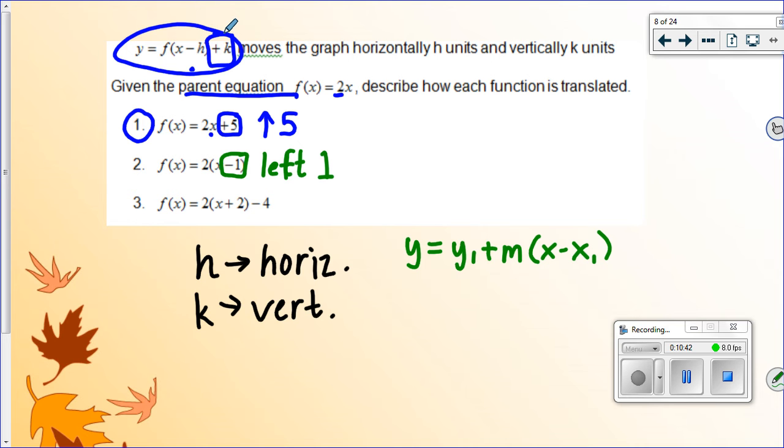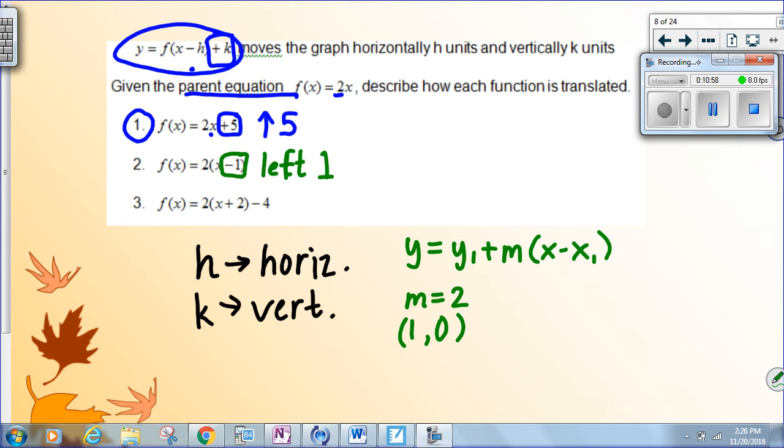So I'm going to write an equation of a parallel line, slope is 2, and I want it to go through the point 1, 0. So I think about the equation that I would write for that.